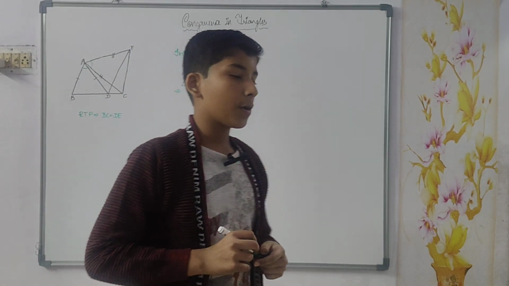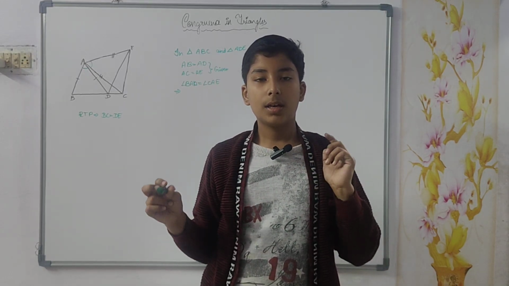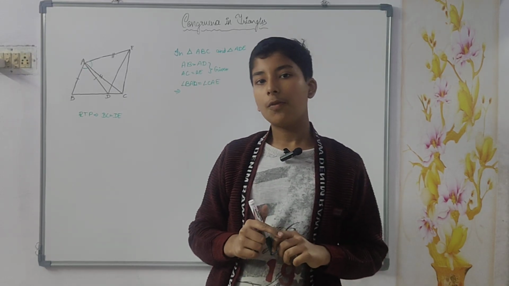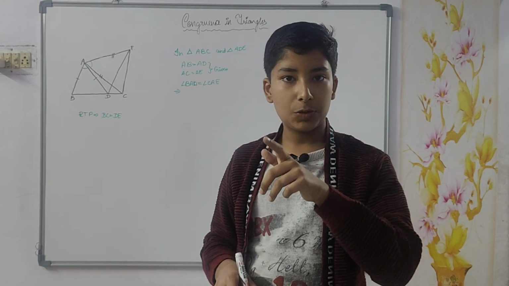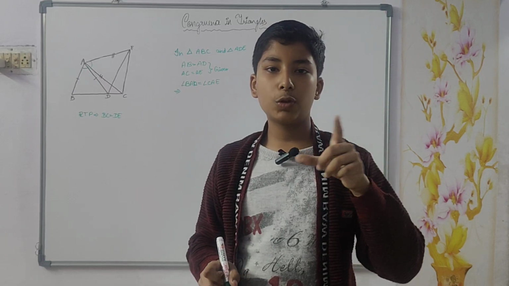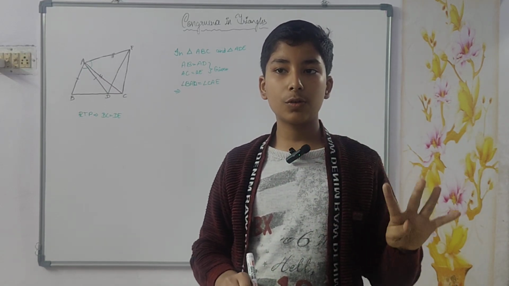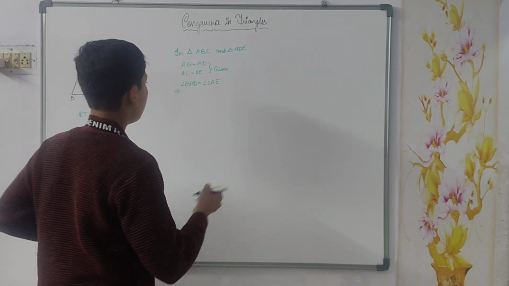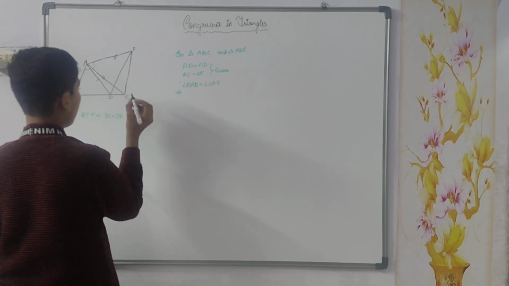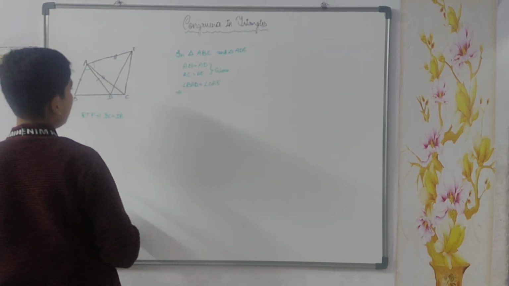There is Euclid's property: if equals are added to equals, then the results will also be equal. For example, 3 equal to 3. If you add 1 in both of them, 3 plus 1 equal to 3 plus 1. So 4 equal to 4. So results are also equal. We are doing this because BAD and CAE are not coming in any of the triangles.